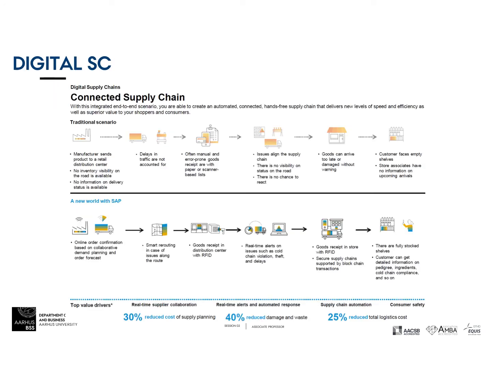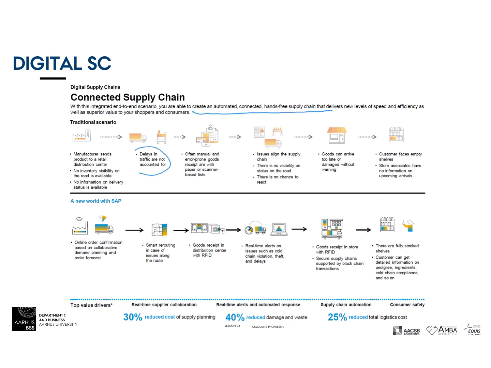Digitalization will be the trend of the supply chain. Now you can see the information system is basically the foundation of a digital supply chain. A good information system will help to create an automated, connected, hands-free supply chain. In the traditional scenario, goods go from manufacturing to the customer through different players in the supply chain, and there are all kinds of issues.